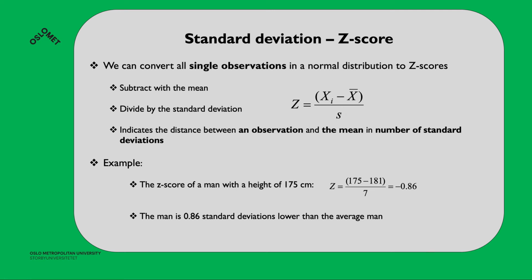And that will give us an indication of the distance between a given observation and the mean in the population, in the number of standard deviations.